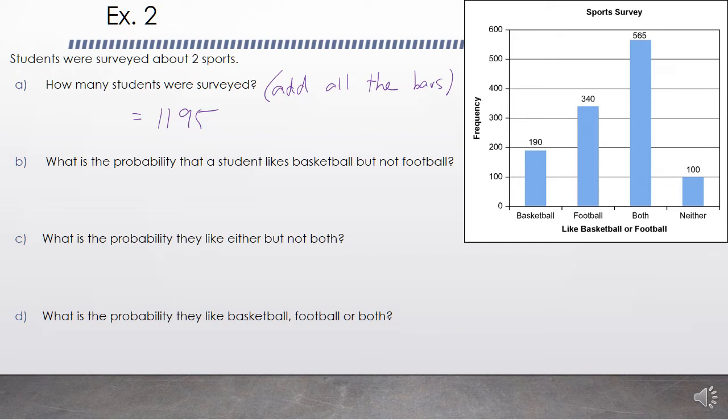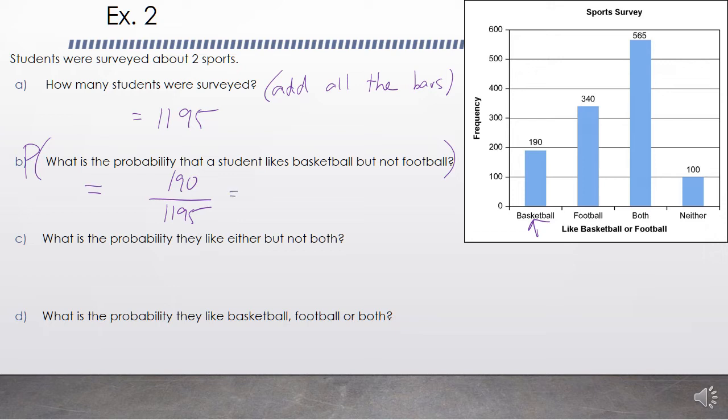What is the probability that a student likes basketball but not football? So we'll cheat a little bit. Probability of all that equals. Now we know we surveyed 1,195 students. What's the probability they like basketball but not football? That would be just this bar. So 190 out of 1,195.